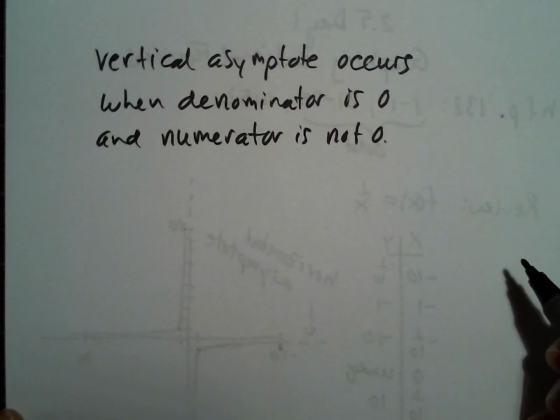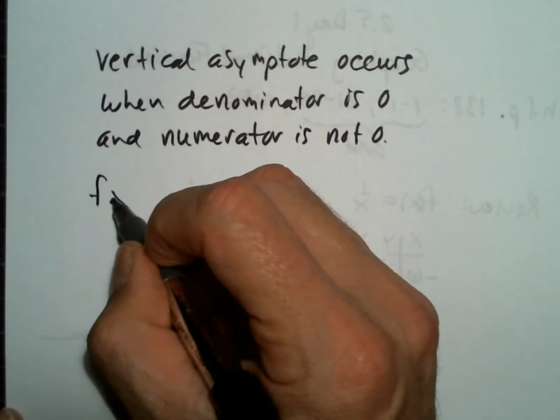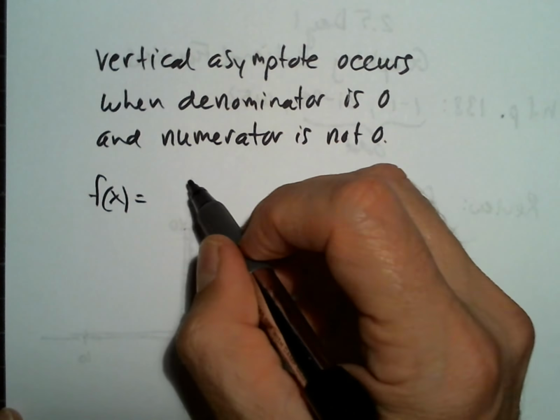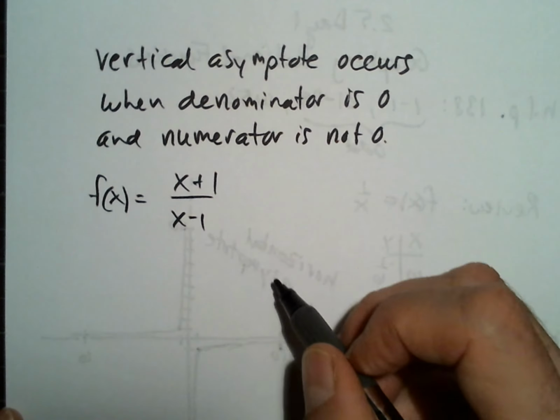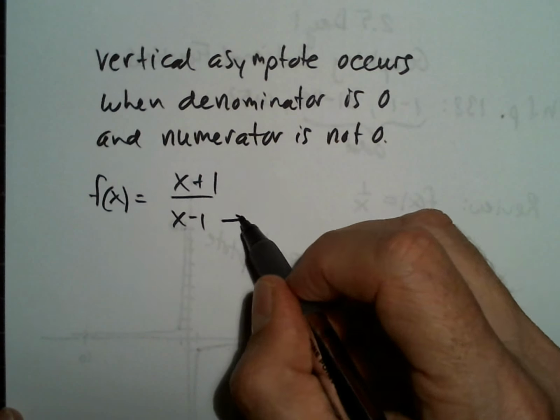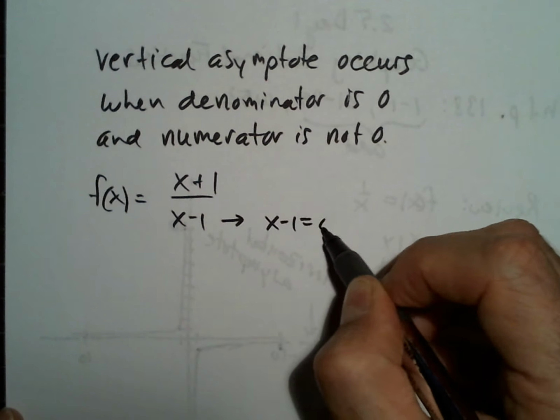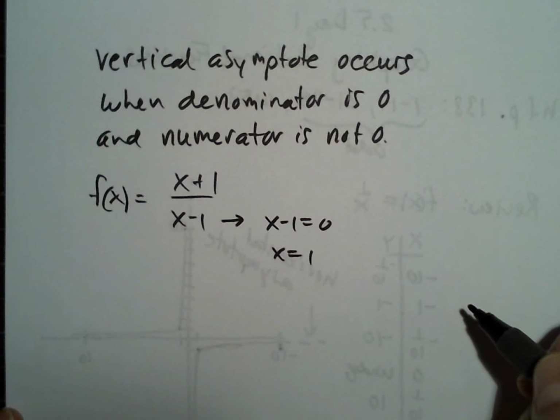We want to look for when the denominator is 0, but the numerator cannot be 0. So in this function, we would look for when the denominator is 0.